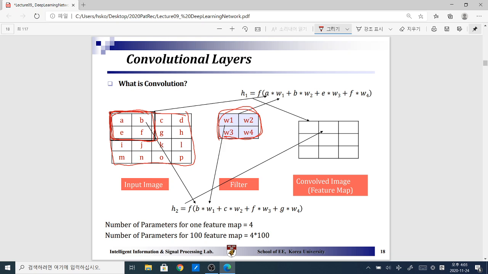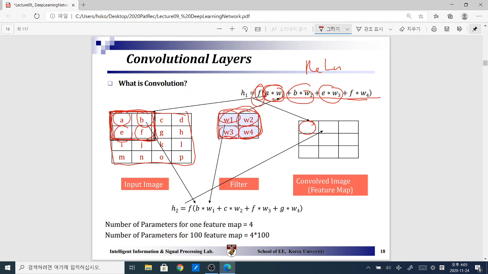That convolution is to have this weight value multiplied by this, summed with this value multiplied by this, summed with this value multiplied by this, and this one multiplied by this, and then summed, and then it goes through a nonlinear function, and that typical nonlinear function, as I said, would be the ReLU function. So whatever the linear sum is going to be, it goes through the ReLU, and that value is going to be provided right here.